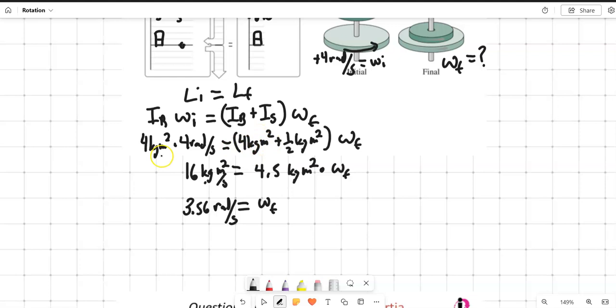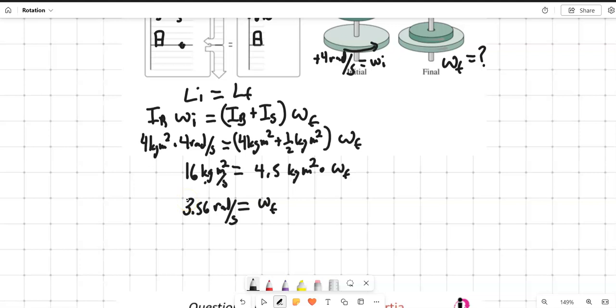Its moment of inertia is only increasing by a half due to that smaller disk. The angular velocity in the end is only going to change by just a little bit. It started out at 4 radians per second. Now it's only at 3.56 radians per second.